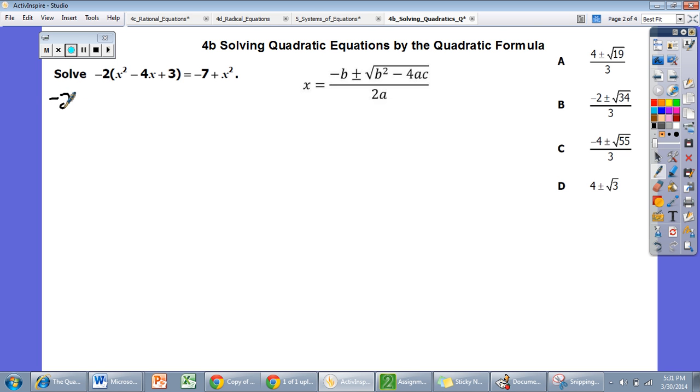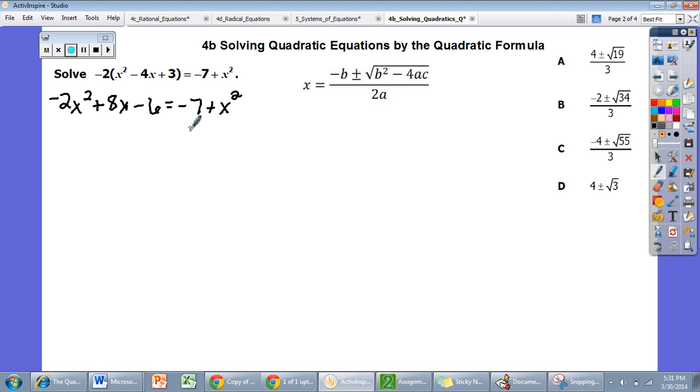So -2x squared. -2 times the -4x is a positive 8x. -2 times a positive 3 is -6, is equal to -7 plus x squared. And then what we must remember is that in order to be able to apply the quadratic formula, we have to get this equation equal to 0.